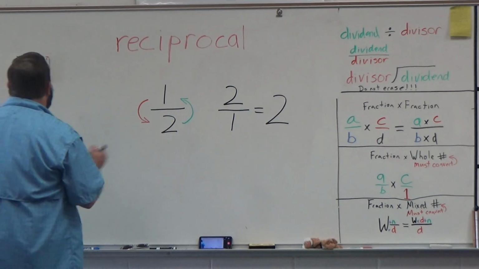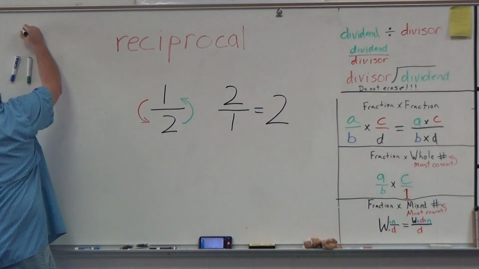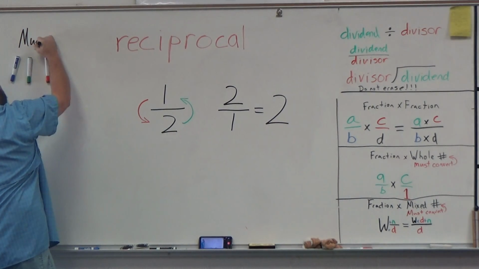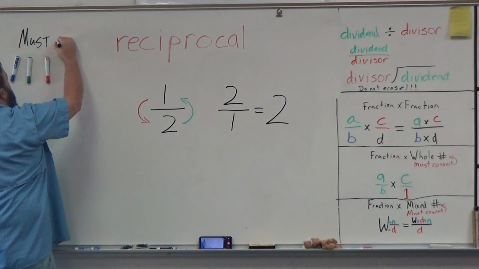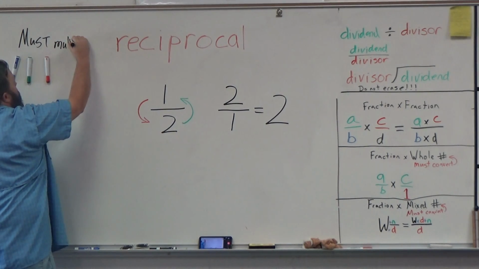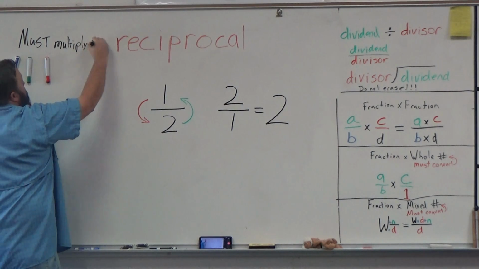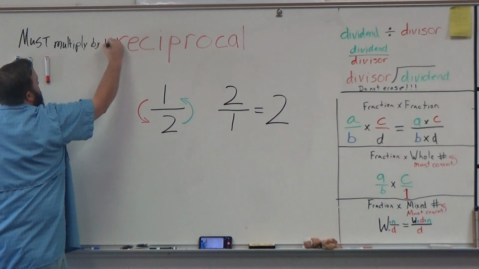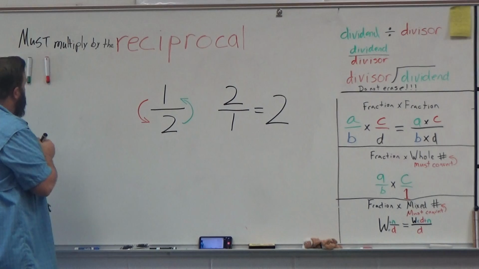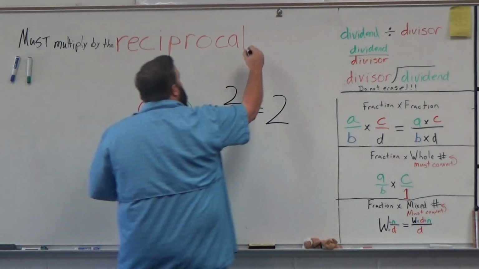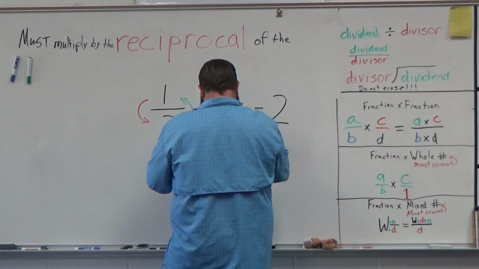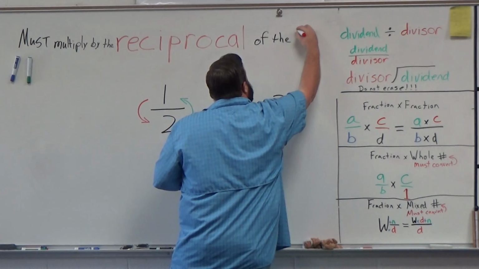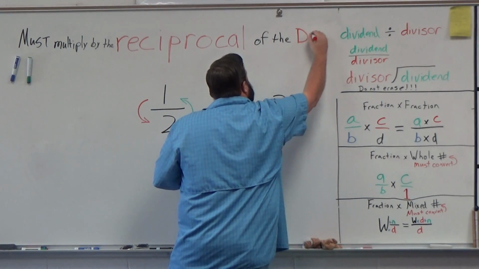All right? You must multiply by the reciprocal of the divisor.